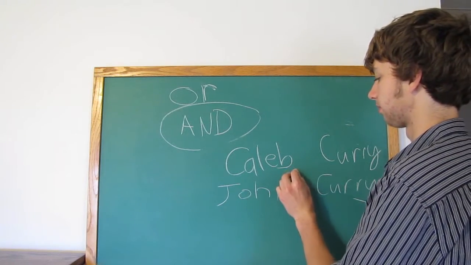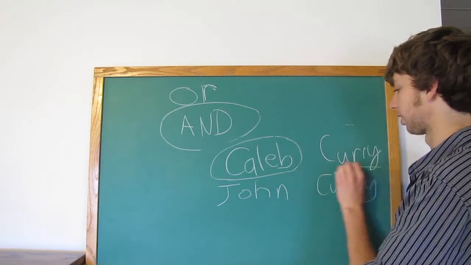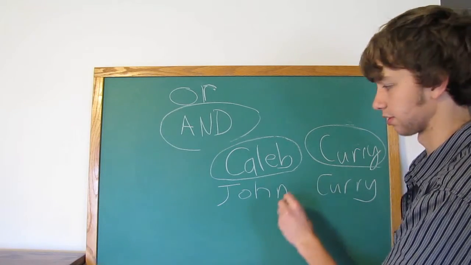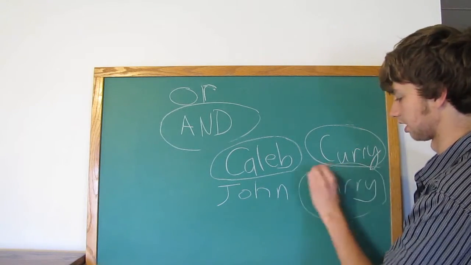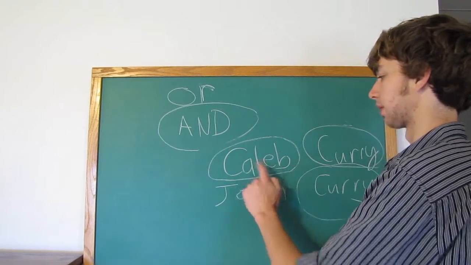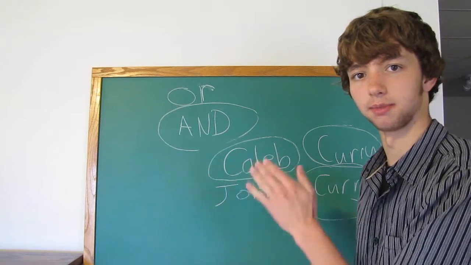Well, you can see this one has Caleb as the first name, and this one has Curry as the last name, so that one will work. This one does not have Caleb as the first name, but has Curry for the last name, so it would also work. But if you use and, it will only bring back Caleb Curry, because the first name has to be Caleb and the last name has to be Curry.